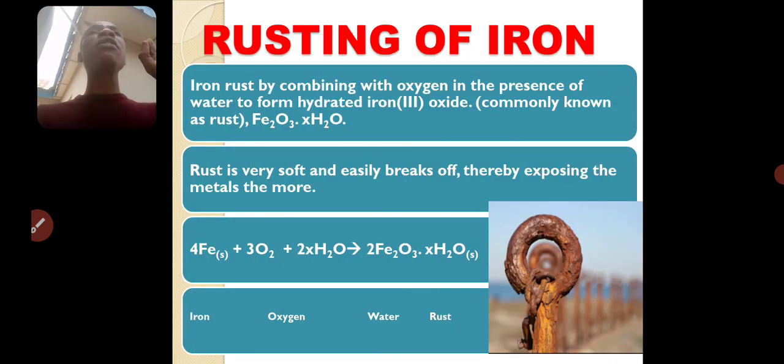One of the most important metals that corrode is iron. Corrosion in iron is always referred to as rusting. So iron rusts when it combines with oxygen and moisture to form hydrated iron(III) oxide.